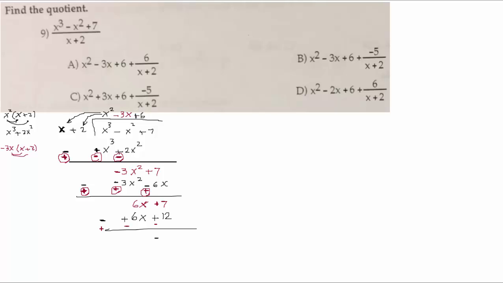So when I have a remainder here, what would be the last term here? Negative 5 over x plus 2. Very good. That would be negative 5 over x plus 2. Again, if you're not sure how we got this, you can ask yourself, what times x plus 2 over 1 gives me that remainder?